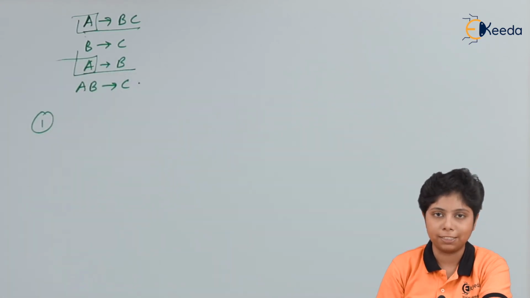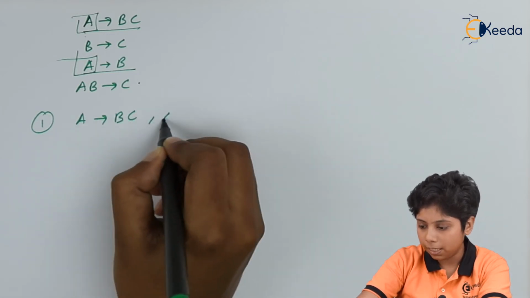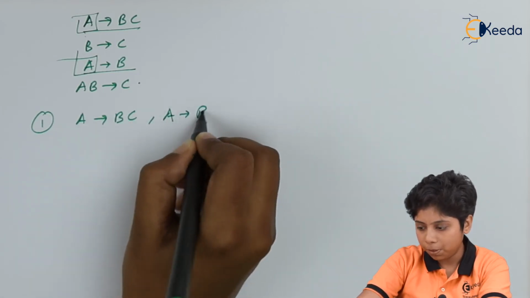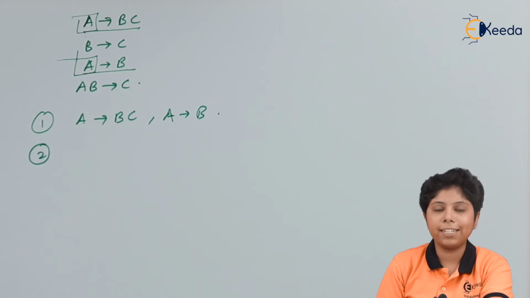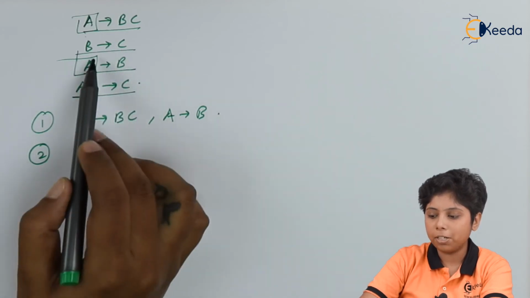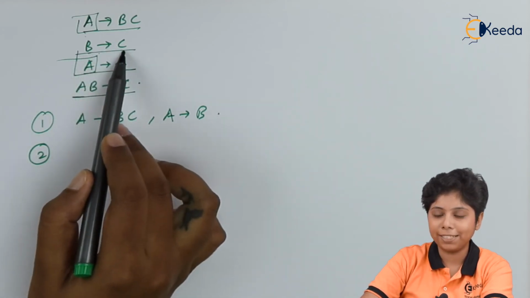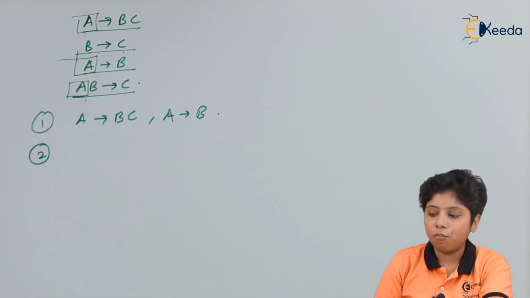So the dependencies A defines BC and A defines B cannot exist together in Fc. Now we can say that A is extraneous in AB defines C because we can have B implies C from this relation. So A is extraneous here. First we can combine it to A defines BC.